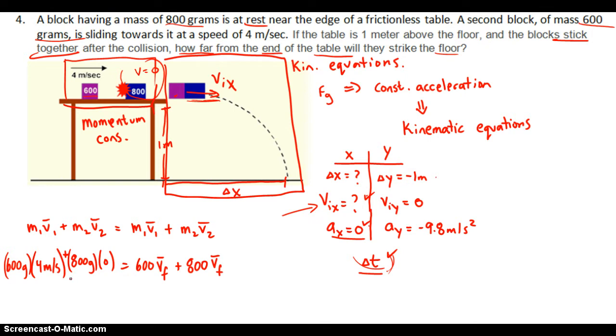So it looks like, well, this is going to be 0. Looks like I can factor out a v final and solve for this v final. We've got to get that v final all by itself.